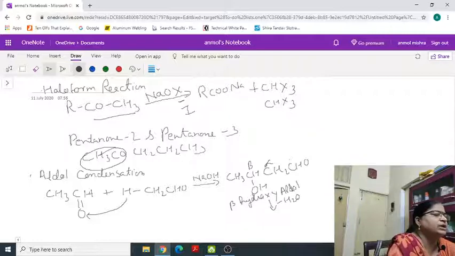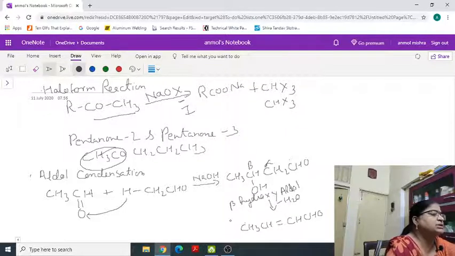One OH from this beta carbon and one hydrogen from the alpha carbon will go off, so minus H2O, it will form CH3 CH double bond CH CHO. So this reaction is one example of aldol condensation.